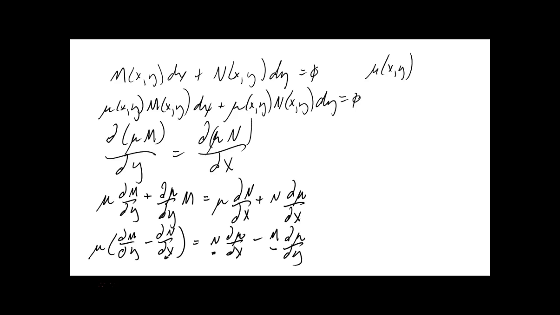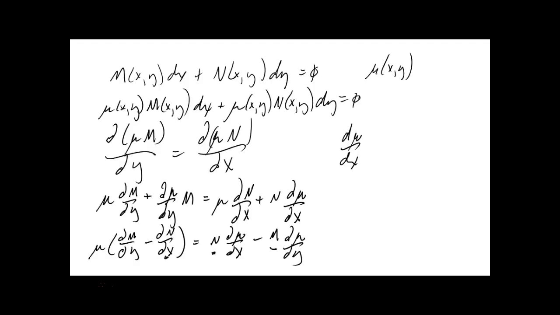Suppose, say, mu depends on x. In this case, then you don't have a partial of mu with respect to x. You just have d mu dx. And the other one, d mu dy, this one is 0 because mu depends only on x.